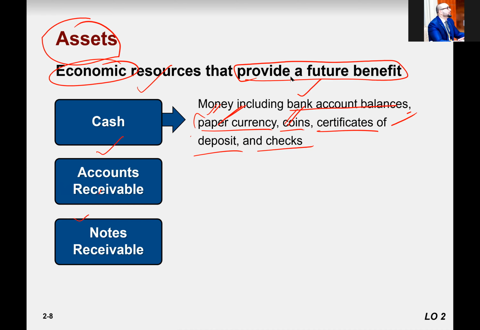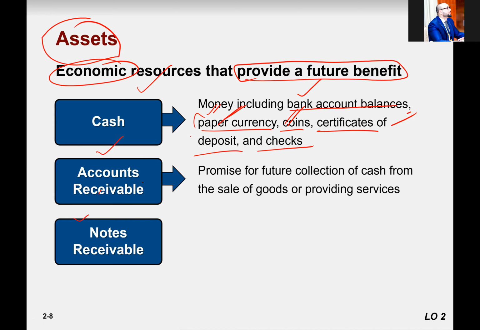Accounts receivable. What is the other name of this account we talked about in our previous lecture? Customers. So accounts receivable is a promise for future collection of cash from the sale of goods or from services.